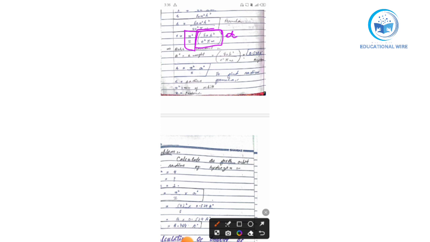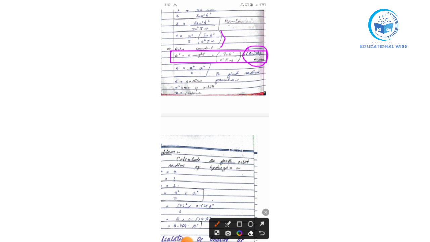It's a constant value, and a naught is also called Niels Bohr's constant. Niels Bohr named this constant a naught. I hope you are seeing this. As I mentioned, a is equal to a naught, and the value of this is 0.529 angstrom. It's the constant value of Bohr's constant.